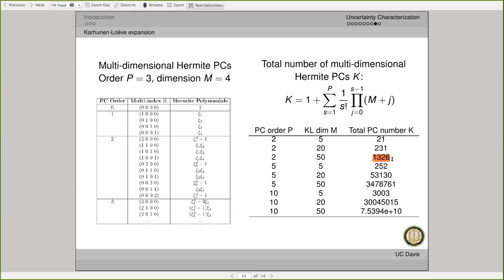But as Professor Jeremic already mentioned, if you do the truncation, you need to check the statistics synthesized from your Karhunen-Loève Hermite PC expansion to make sure you can still very accurately represent the statistics in the data.